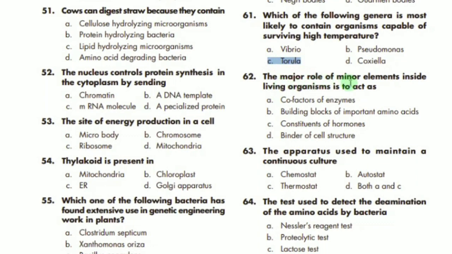The major role of minor elements inside living organisms, so it is cofactor of enzyme. A is the correct option. 63 MCQ says that the apparatus used to maintain a continuous culture, we call that chemostat. A is the correct option.